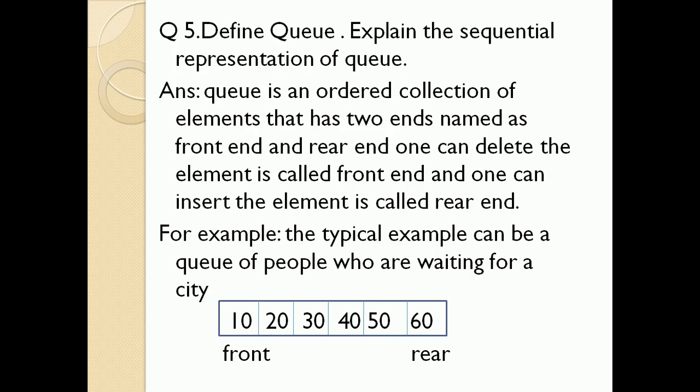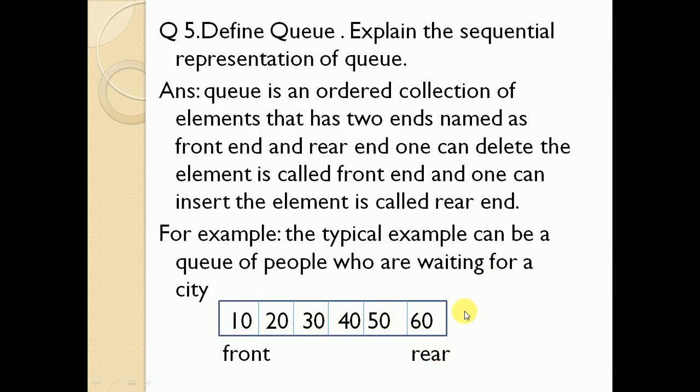Any new person joins at one end of the queue, which you can call the rear end. When the bus arrives, the person at the other end first enters the bus. You can call it the front end of the queue. Here in the diagram you can see an example of a queue with six elements: 10, 20, 30, 40, 50, 60.